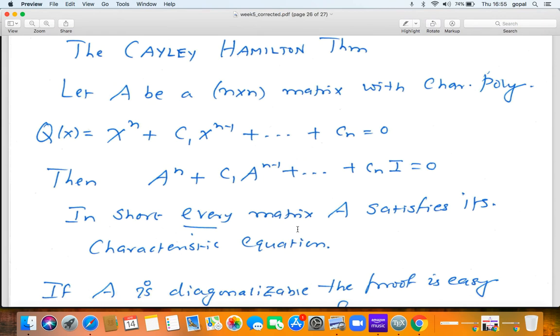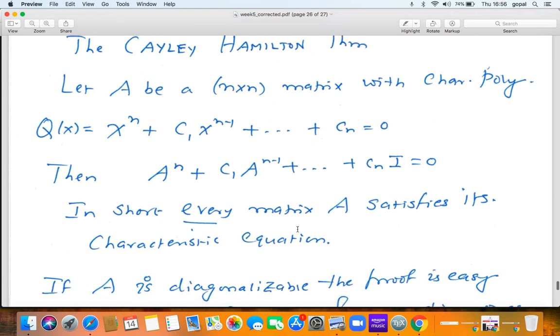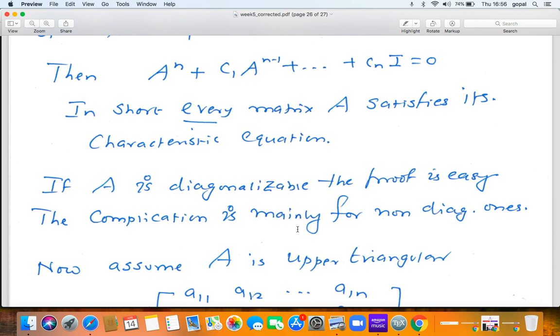If you take an n cross n matrix A and write down the characteristic polynomial x to the power n plus c1 x to the power n minus 1 plus dot dot dot plus cn, then wherever there is x, you put A: A to the power n plus c1 A to the power n minus 1 plus dot dot dot plus cn times I. The constant term you make cn into I. Then that matrix equation will be 0.